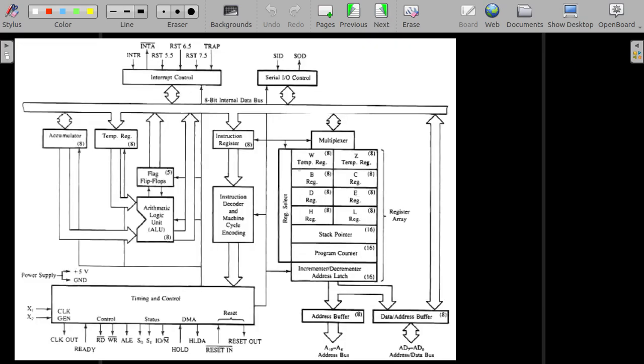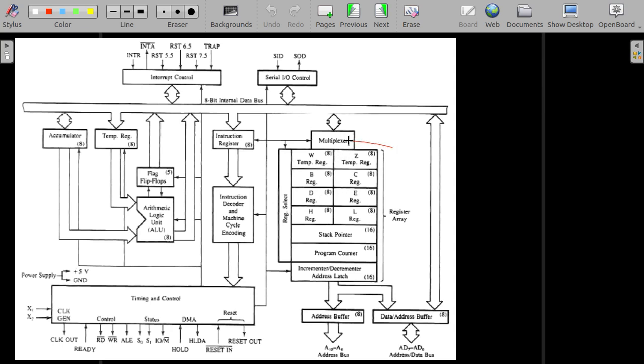Okay. So this is a complete block diagram of the internal architecture of the processor. This is a logic level diagram, not a circuit diagram. Out of this, we explained the register part.